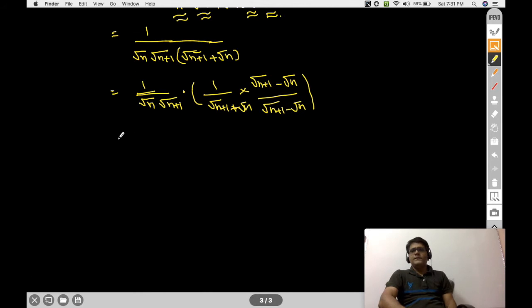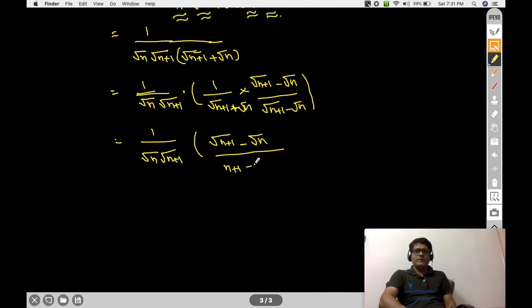This is equal to 1 by root n into root n plus 1 into root n plus 1 minus root n over, this is a plus b into a minus b, that is n plus 1 minus n. Minus n plus n cancel here.